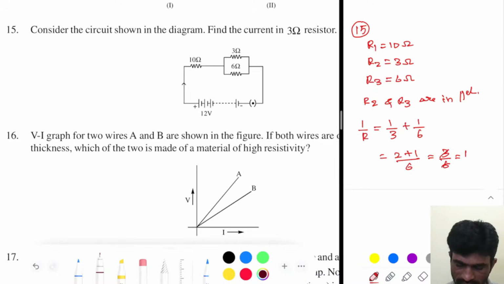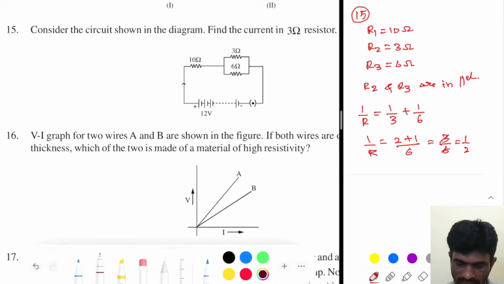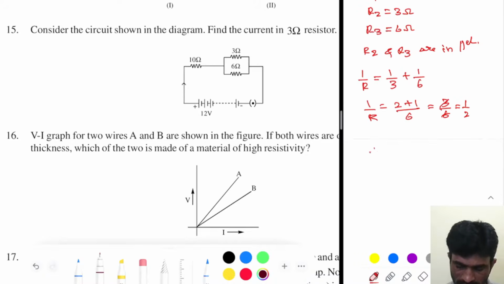After cancellation, 1 by 2. 1 by R is equal to 1 by 2, therefore R is equal to 2 ohms. Now this 2 ohms and 10 ohms are in series.